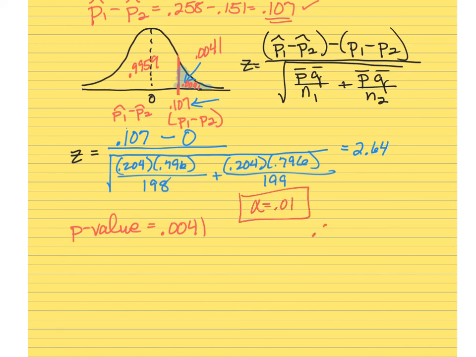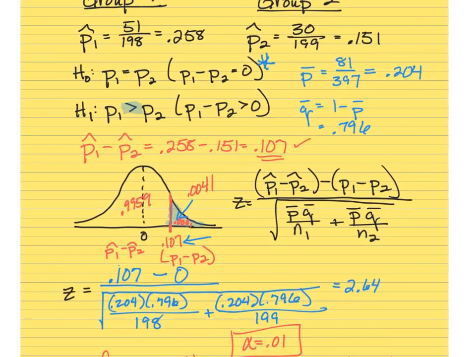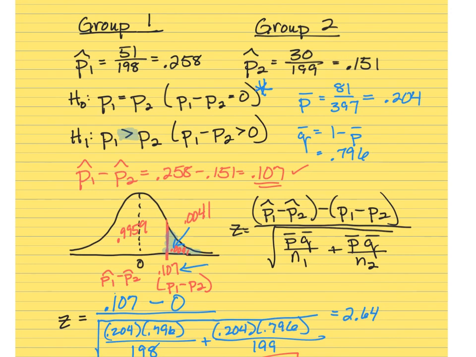So clearly 0.0041 is less than 0.01. So that, just like always, tells us we will reject the null hypothesis, which is that they are the same. So it appears that we found evidence that the proportion of people that quit smoking is going to be greater in group 1.